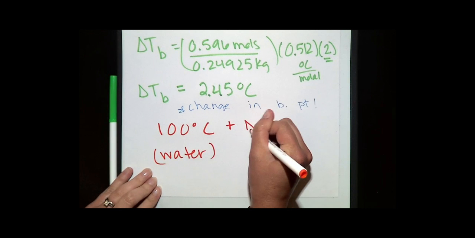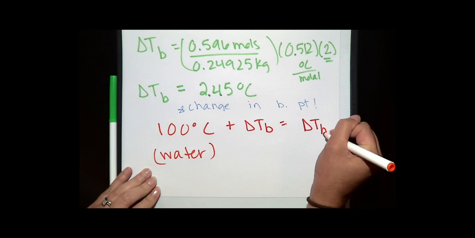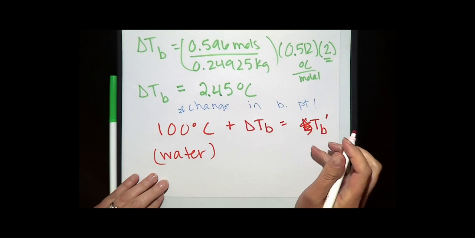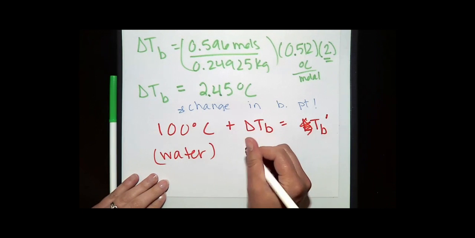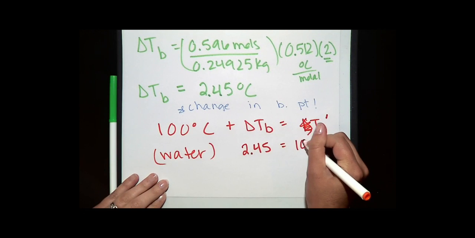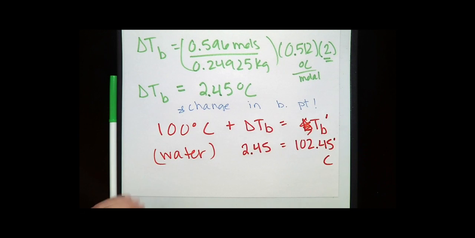We have to add the delta TB to get the new, I'll say delta TB, or sorry, TB prime, not the delta, just regular new boiling point. Okay, so this is 2.45. So that means my new boiling point is 102.45 degrees C.